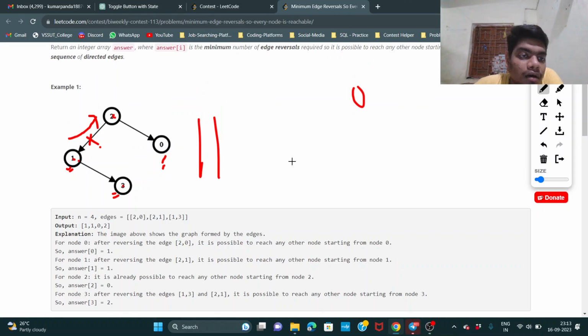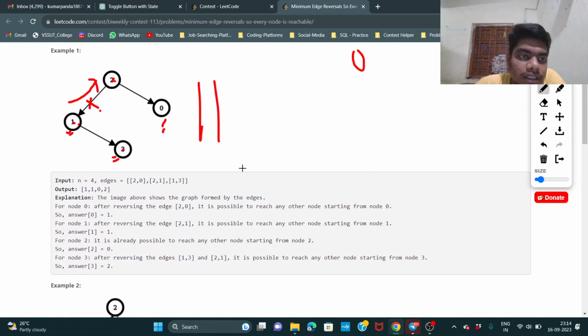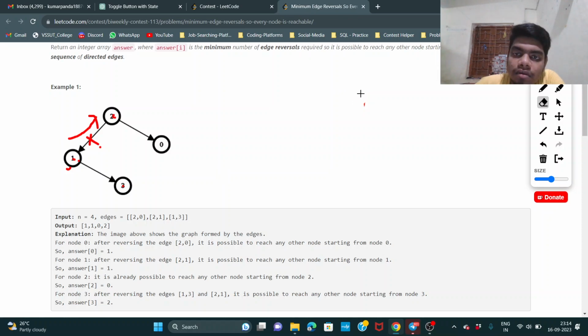Let's just consider this tree only. Let me erase this. At first I'm trying to find the answer for 2. So what is the answer for 2? The answer for 2 is 0.